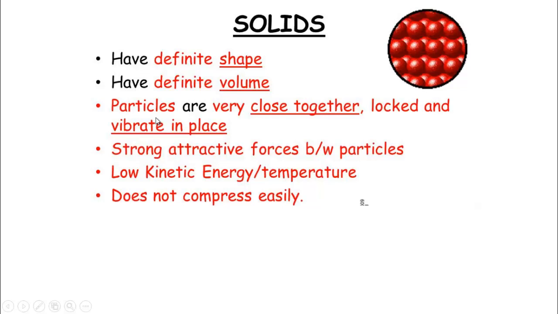Inside the solid substance, particles are very close together, locked and vibrate in place. Follow here, this is the atomic structure of a solid substance, and these red balls represent the atoms of this solid substance. They are very close to each other and they are locked and vibrate in place.